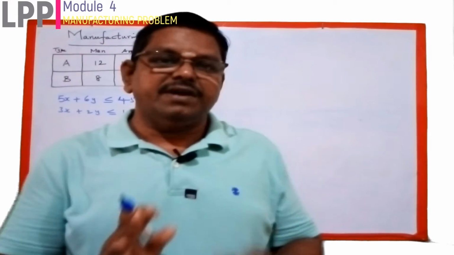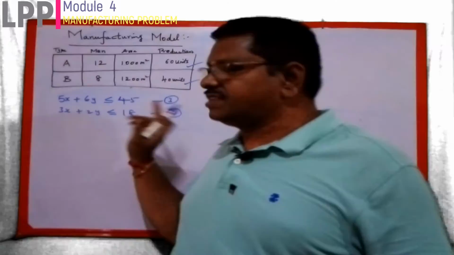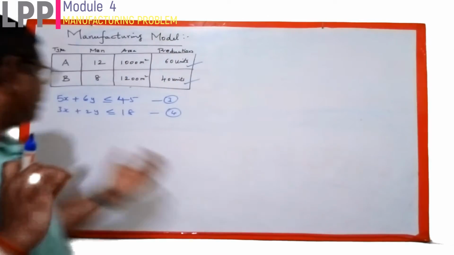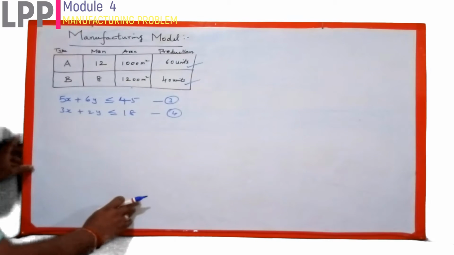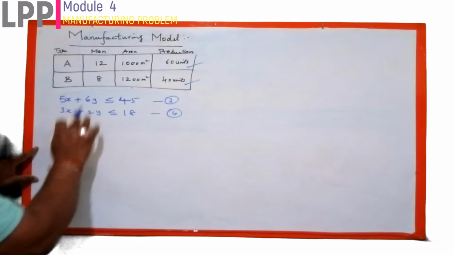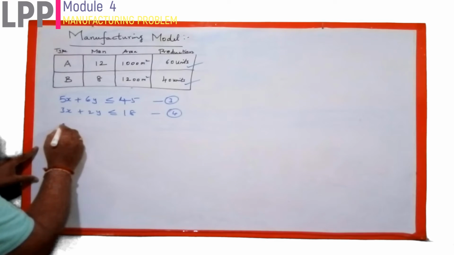Okay, now we have got the two subject constraints. They are 5x plus 6y is less than or equal to 45, and another one is 3x plus 2y less than or equal to 18. Like in the third module, here also we have to solve the inequations and find the feasible region and feasible solution.